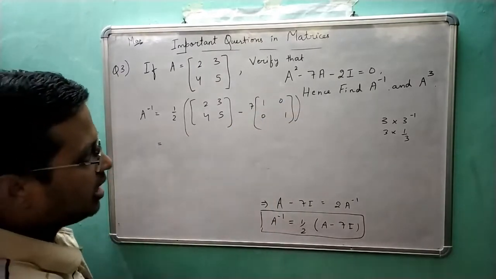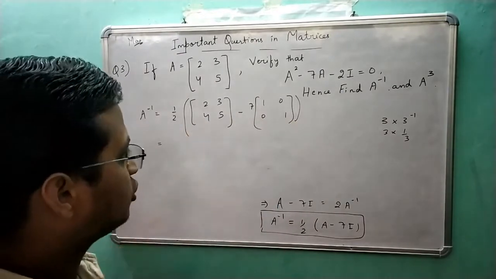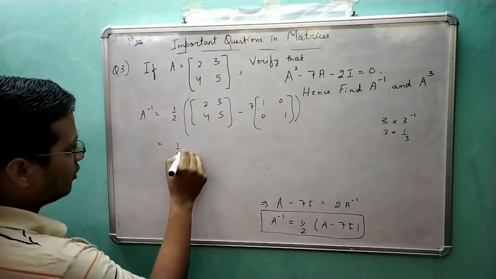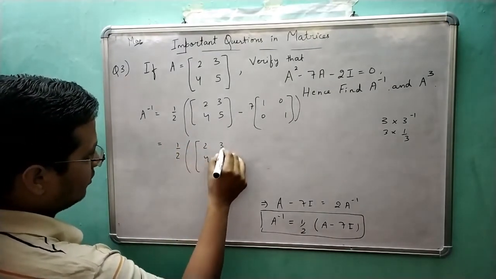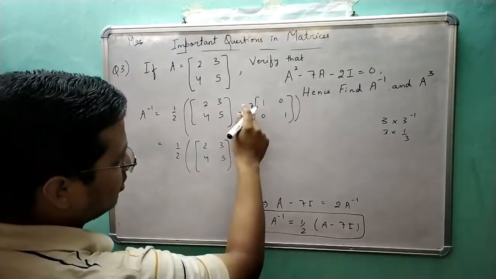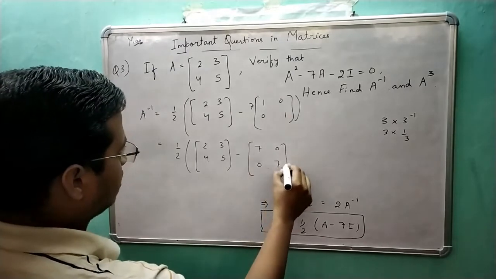Take care that I am using the identity matrix of 2 cross 2 order, because this one is also 2 cross 2. So half of [2, 3, 4, 5] minus 7 will be multiplied to all the elements, [7, 0, 0, 7].